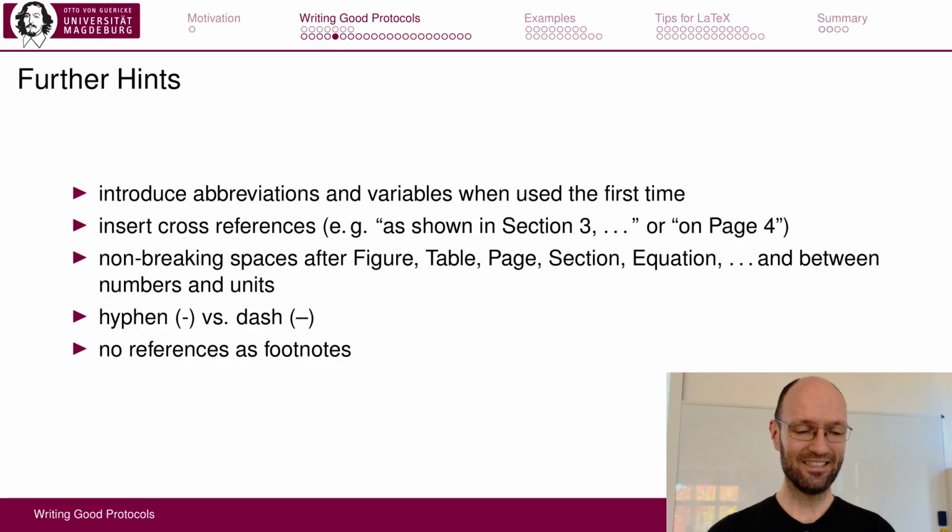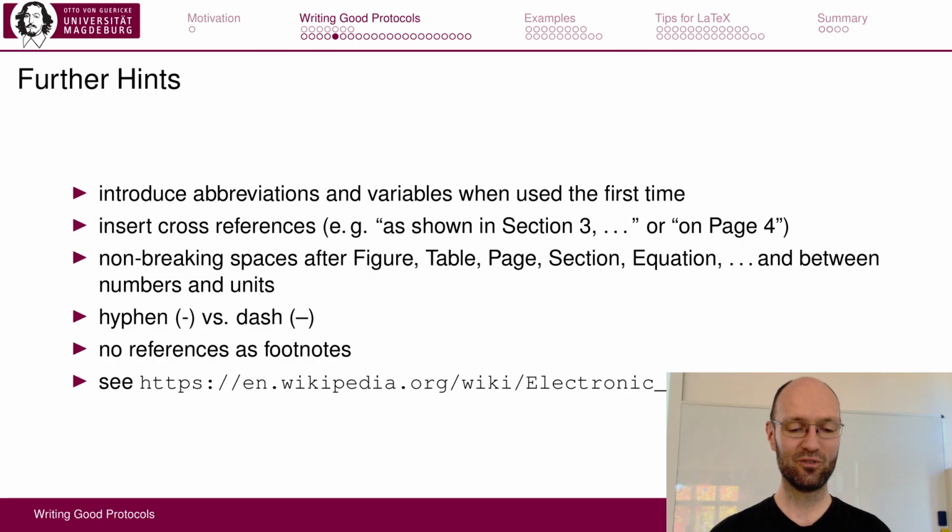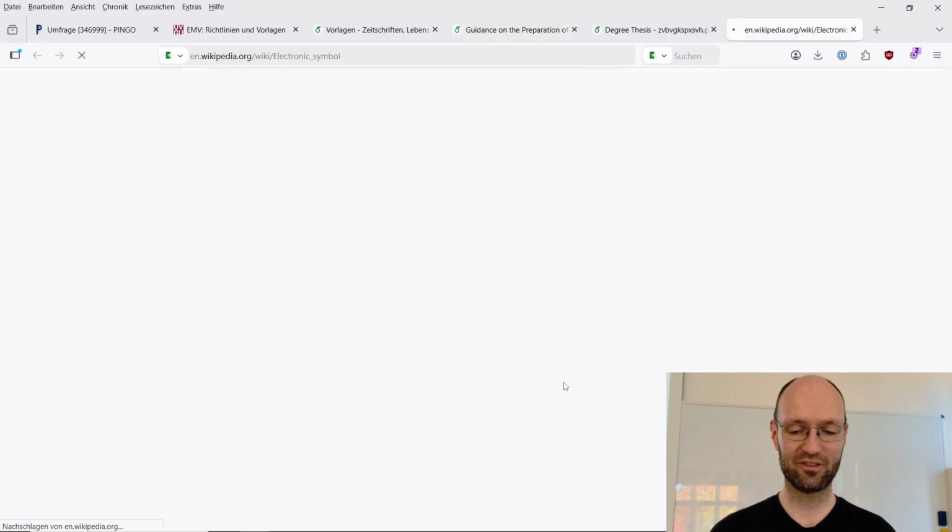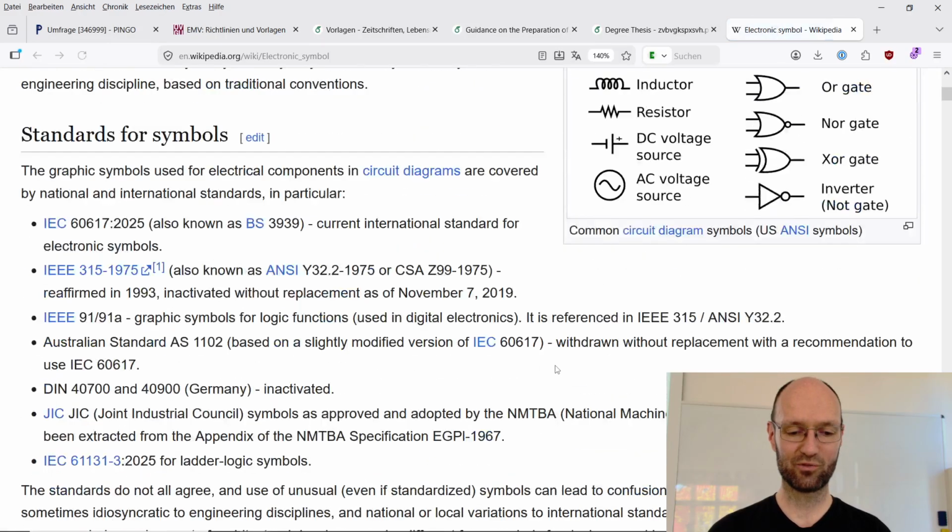So then in technical documents, we don't put references into footnotes like people in the humanities sometimes maybe do. And then if you write circuit schematics, there's an agreed list of electronic symbols. I maybe can also click on this link, and then this Wikipedia page should show up.